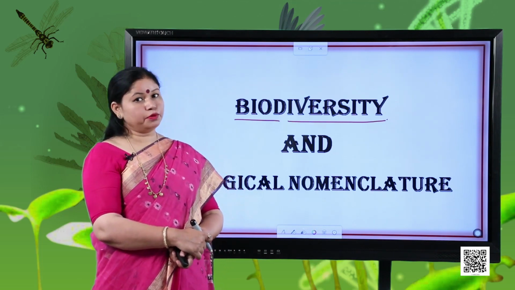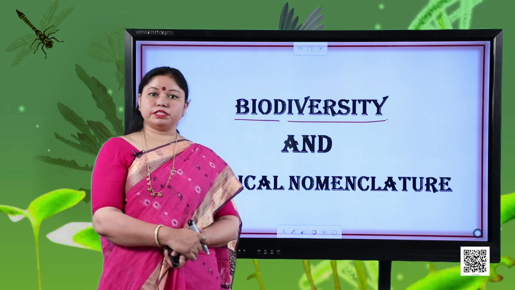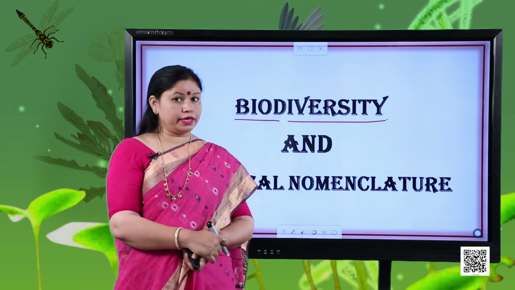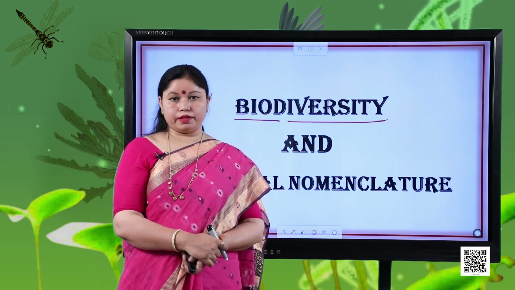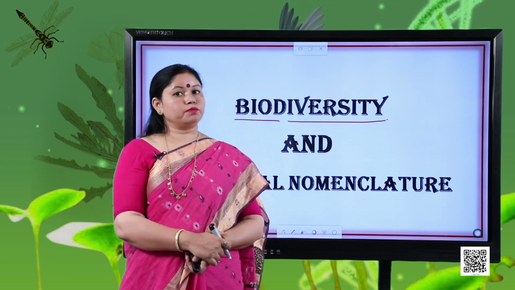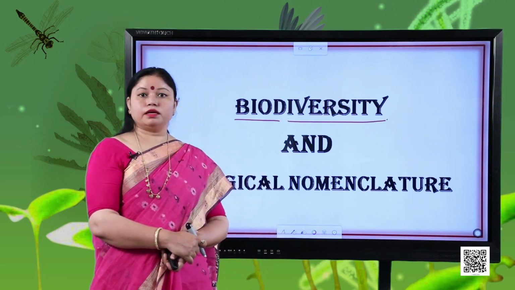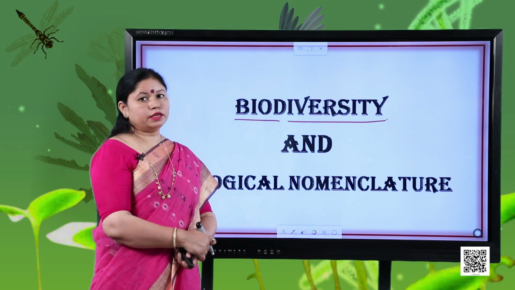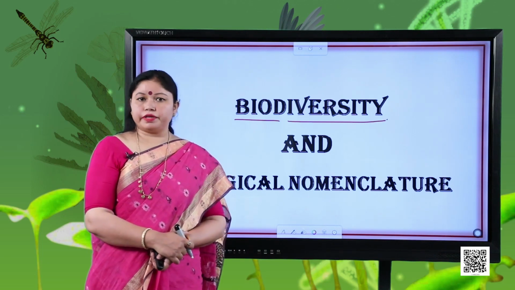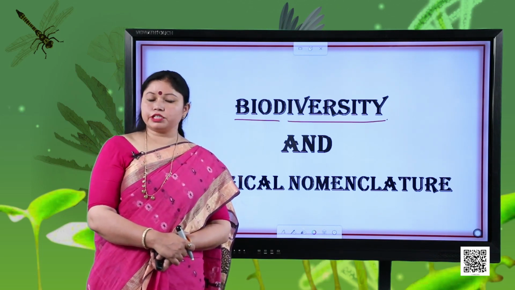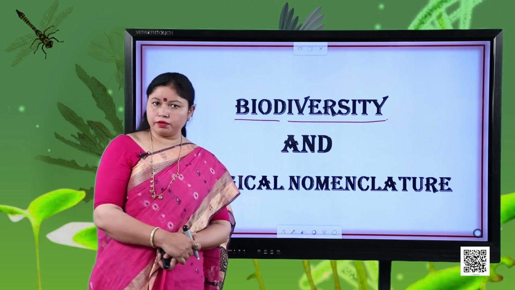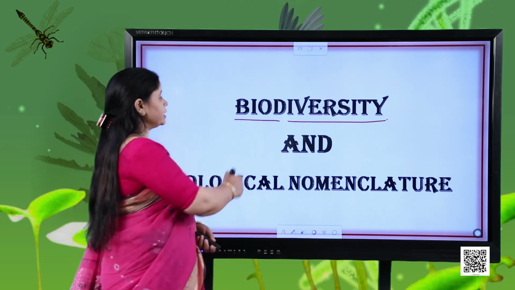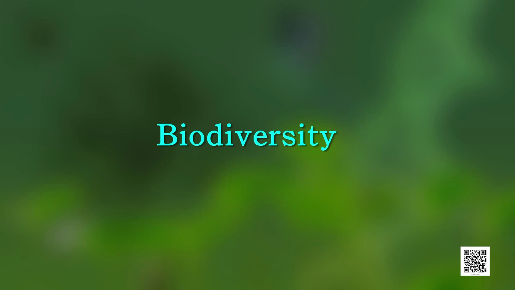Then the number of plants and animal species that you will be able to see will be innumerable. All these microorganisms, plants, fungi, animals refer to various species, and such variety available in a particular area is called biodiversity.